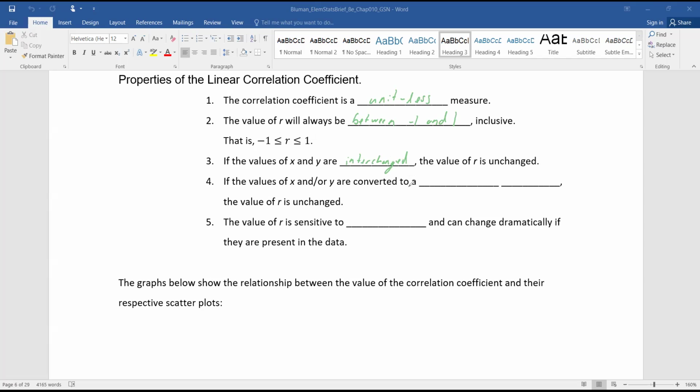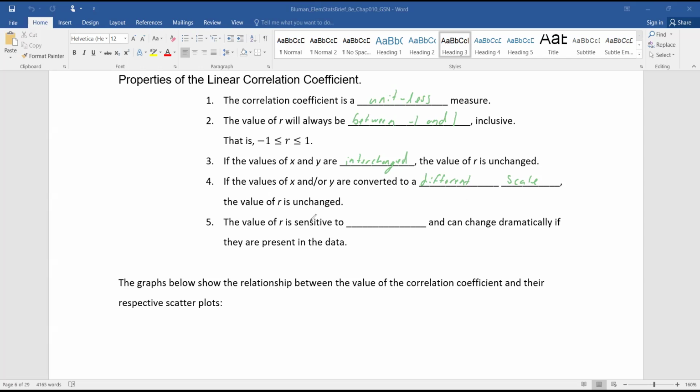If the values of x and y are converted to a different scale, the value of r is again unchanged, because again it just gives you a correlation between the two things.